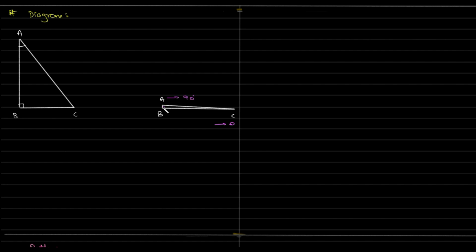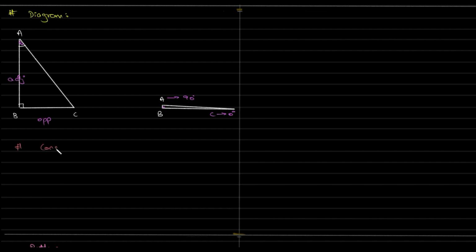Make sense? Right? As angle C tends towards 0 degree, angle A will tend towards 90 degree. So basically, with respect to angle A, we have this to be our opposite side, that's our adjacent side, and that's our hypotenuse. So now again we can discuss.